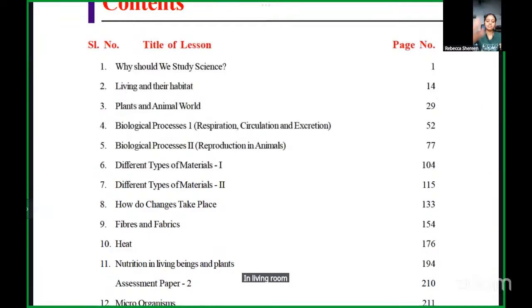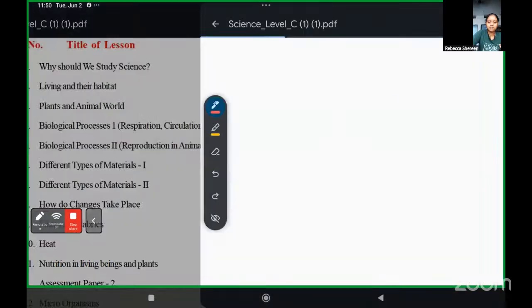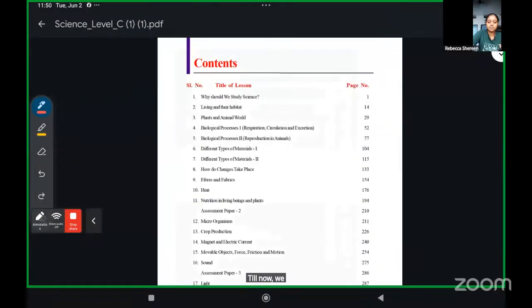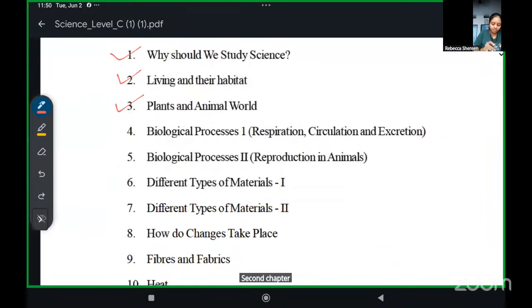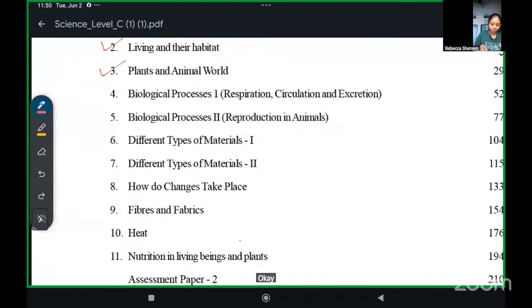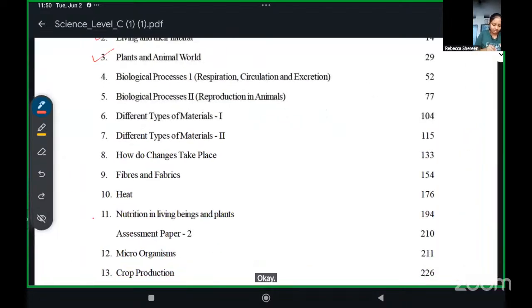And the lessons that we have completed till now, let's have a quick look. Till now, we are done with the first chapter, second chapter, third chapter. Then 11th chapter.